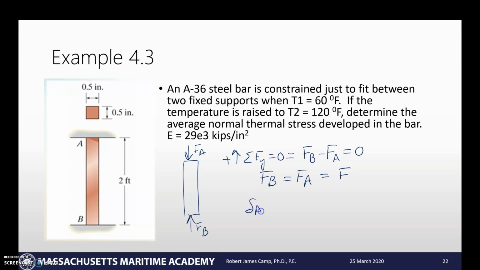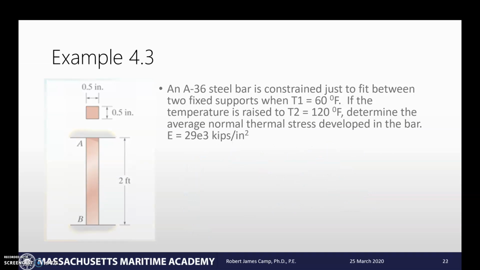So I know that the deflection between A and B has to be equal to 0. So I have my thermal deflection minus my deflection from the forces has to be equal to 0. So what do we do? Well, we just go and figure those out.